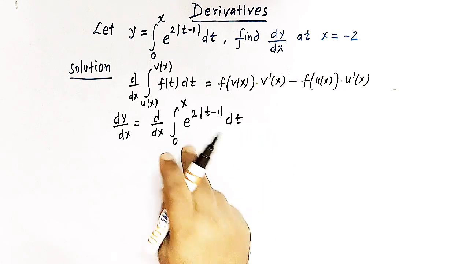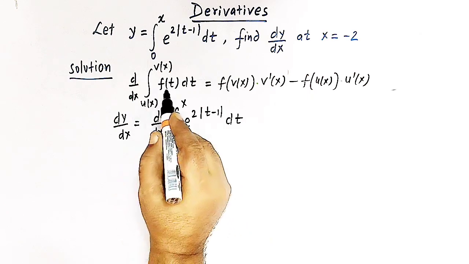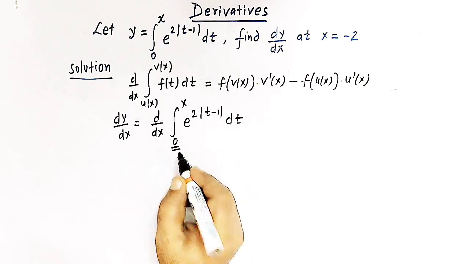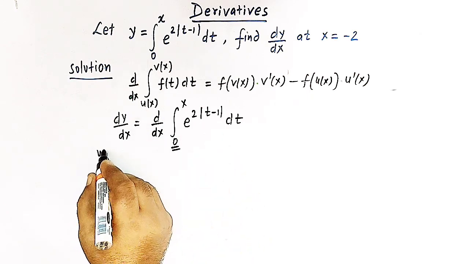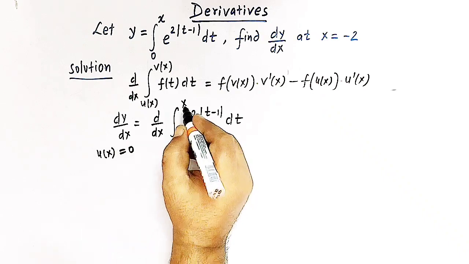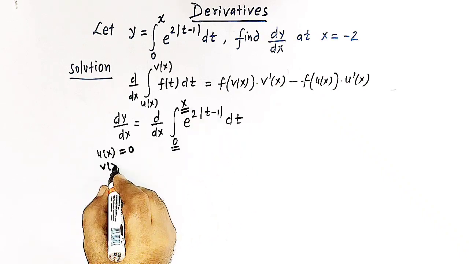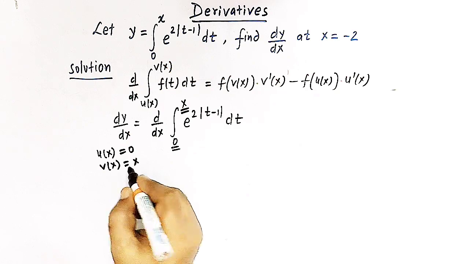Now if we compare this integral with this one, then we can see that the lower limit, that is u of x, is 0, and the upper limit v of x is equal to x, right?